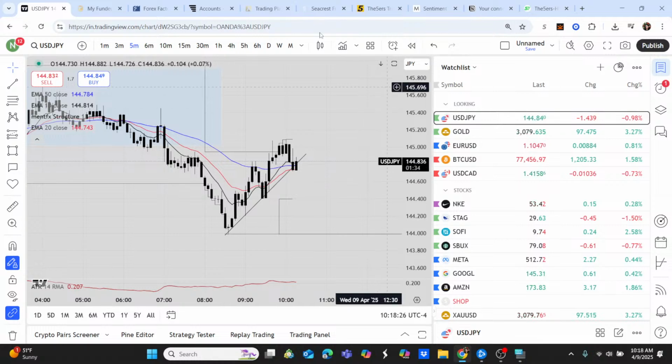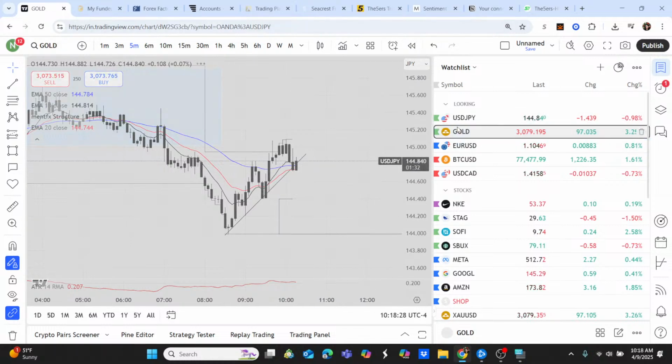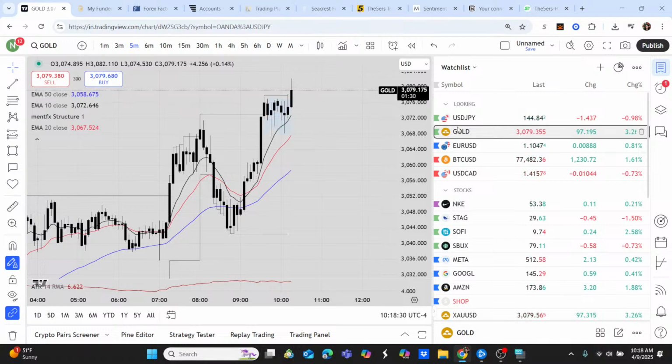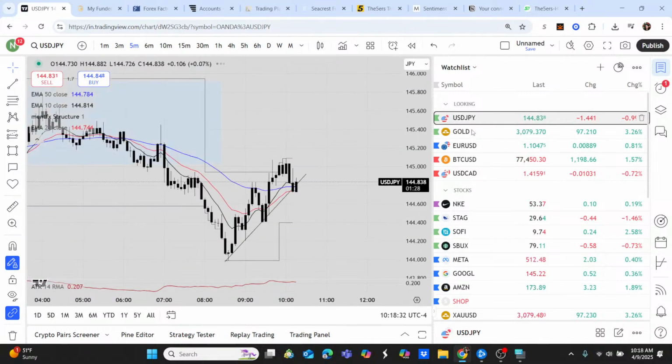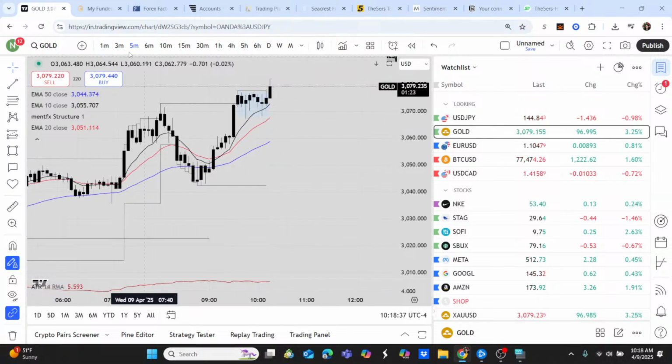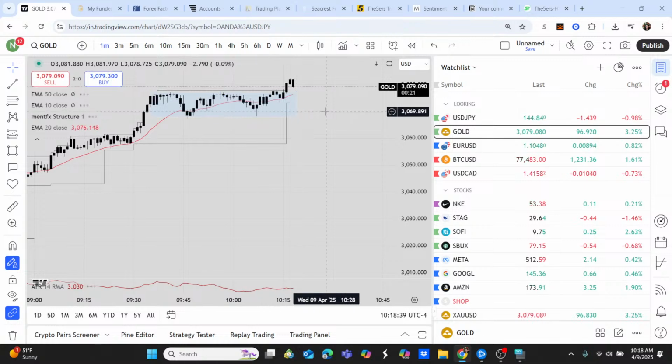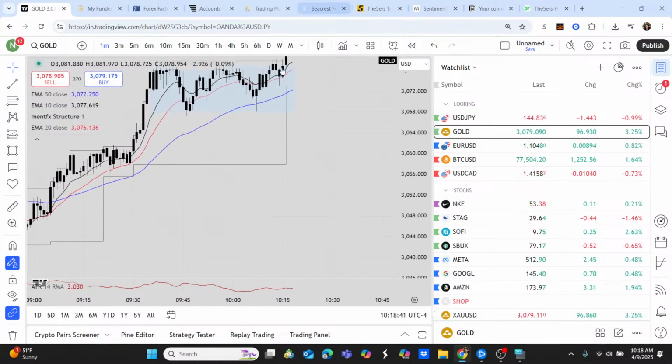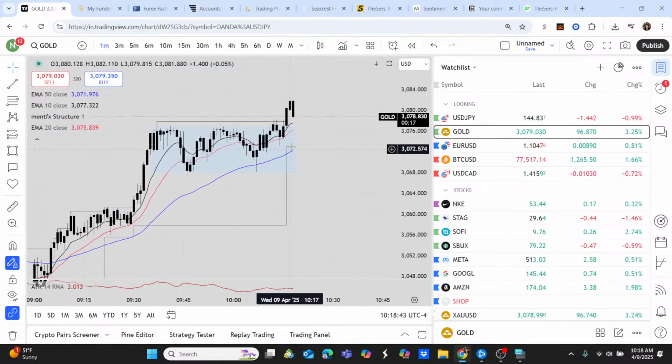Honestly, I'm just waiting between gold and USDJPY. You can see that area I took the trade for my challenge and ended up going up either way. So it was just a timing error.